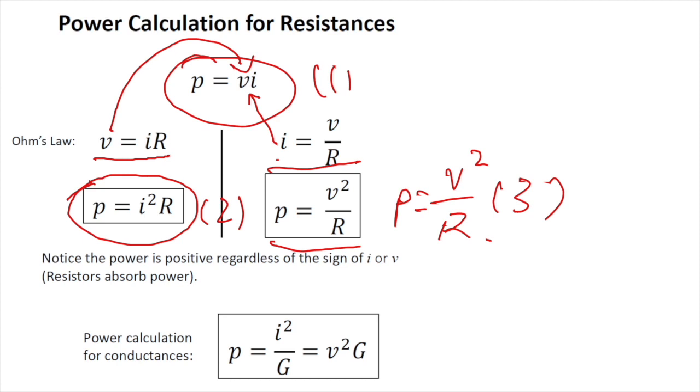And since R equals 1 over G, we can calculate the power using the conductance, which gives equation 4.